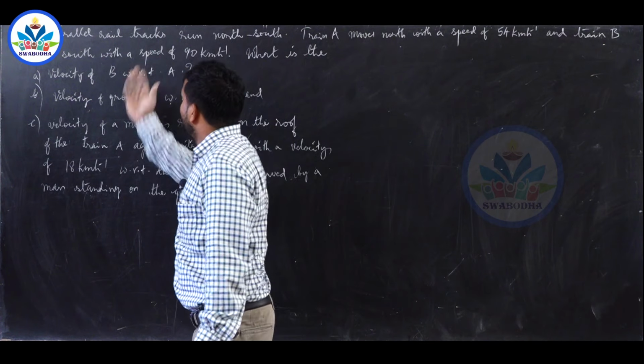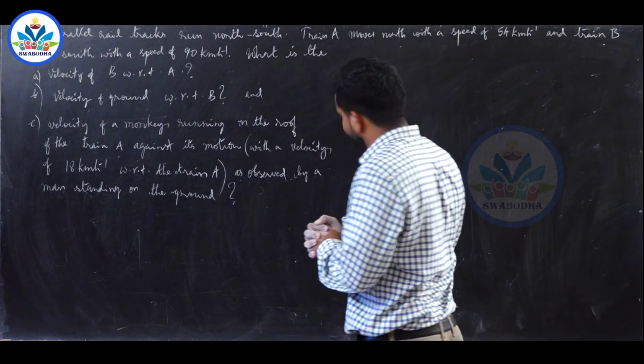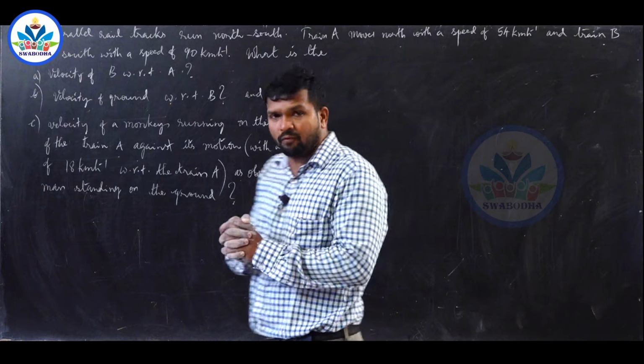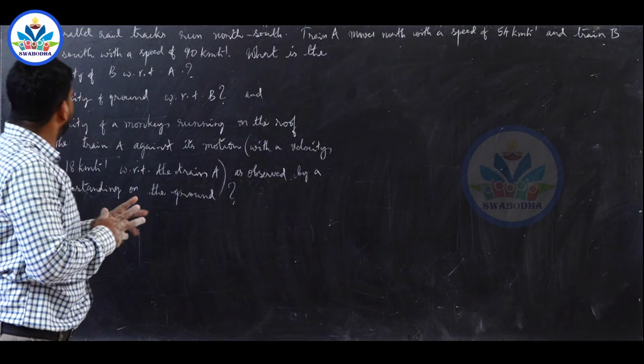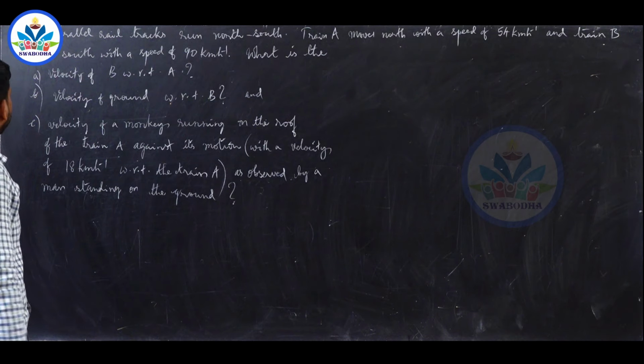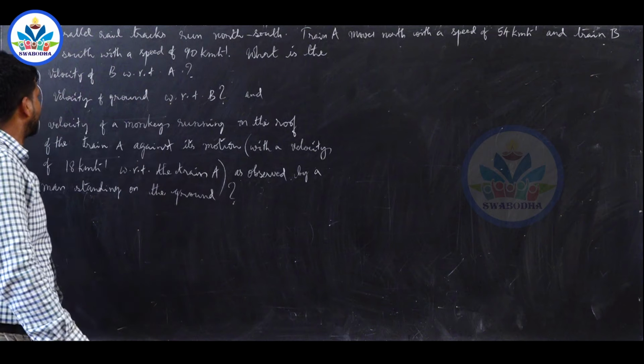Let me read. Two parallel rail tracks run north-south. Train A moves north with a speed of 54 km per hour and train B moves south with a speed of 90 km per hour. What is the velocity of train B with respect to train A?